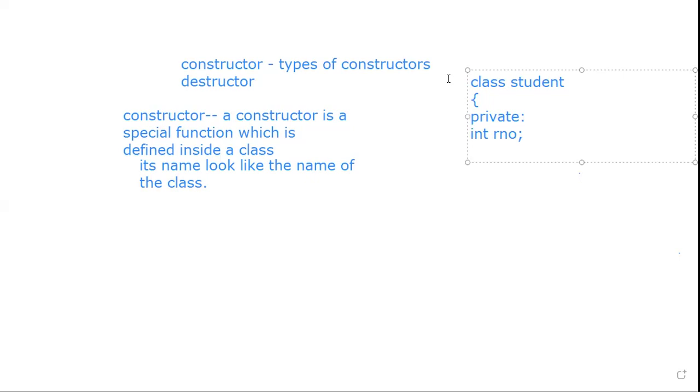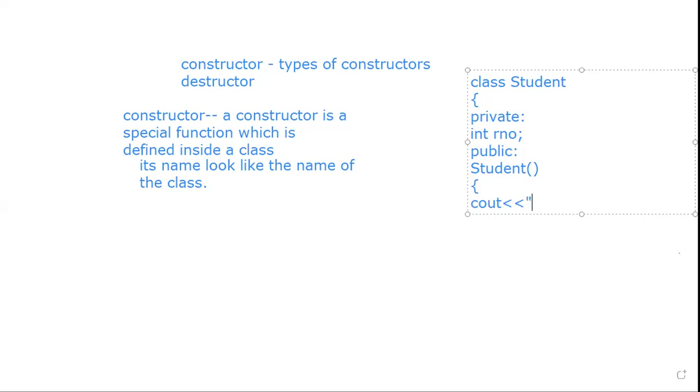And here, what is the constructor? The constructor is nothing but one type of function which we declare inside the class. And I already told you the constructor name and the class name are the same. Here the class name is student, so I will use the same name as the function name also. So what is the purpose of this?